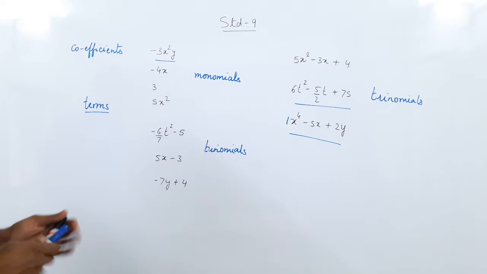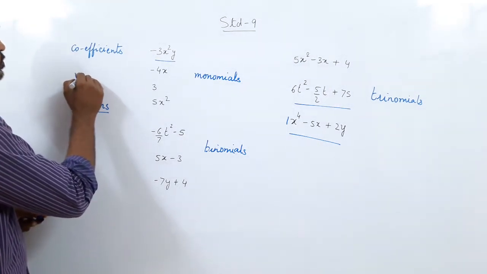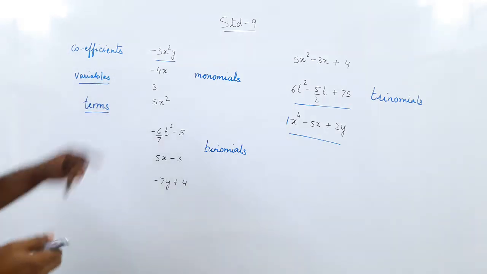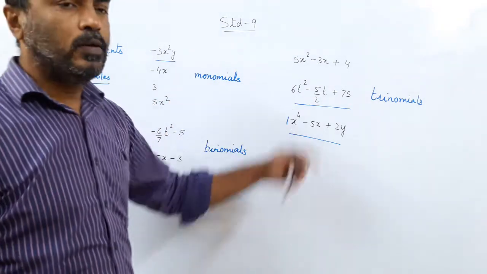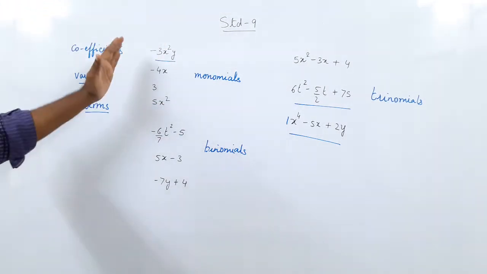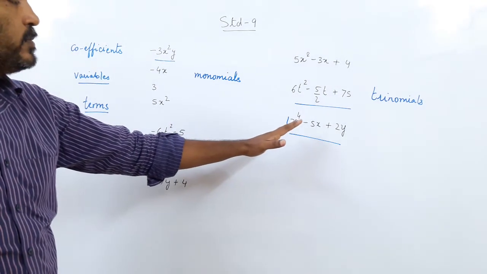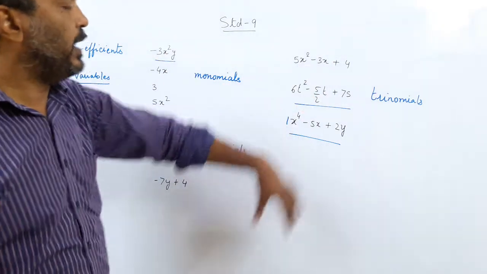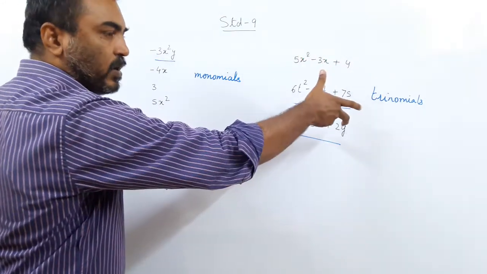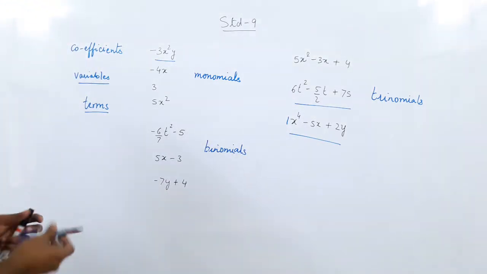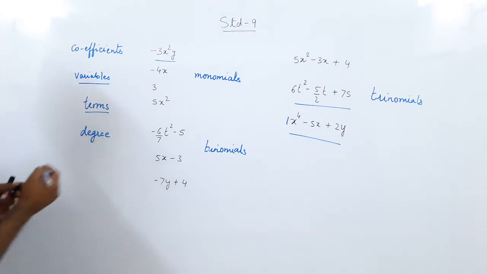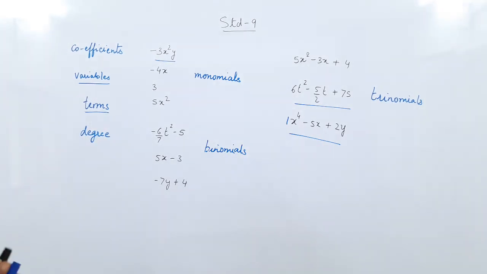So we have got variables also. So some polynomials are in a single variable, some polynomials are in two variables. So one variable and two variable. So what have we learned? What are polynomials? They are terms separated by plus and minus. Every term may have a variable. See, this doesn't have a variable, but each term may have a variable or may not have a variable. Right? And the last thing we did was degree of the polynomial.